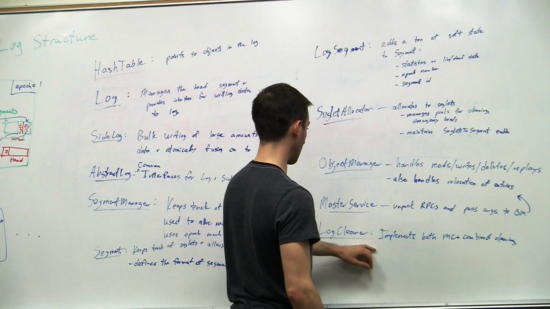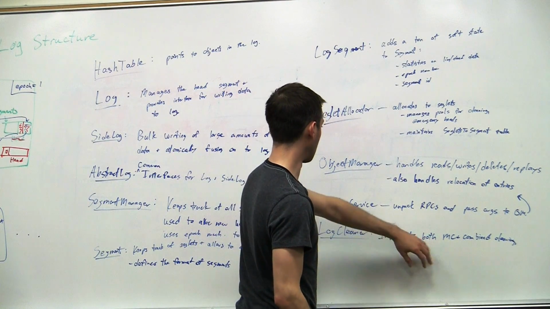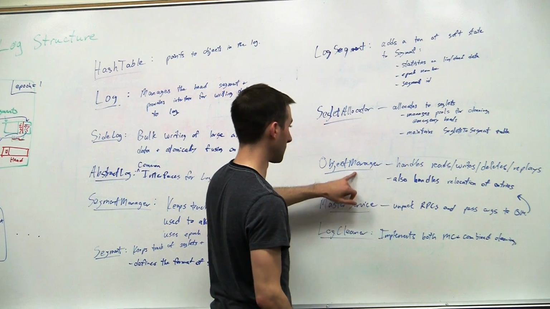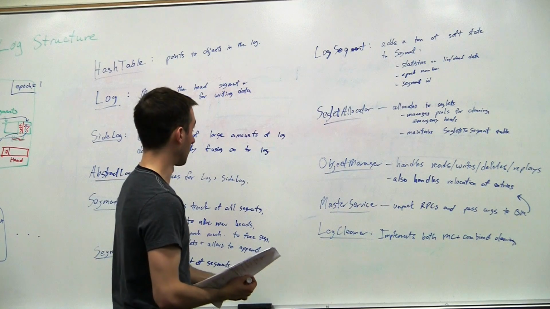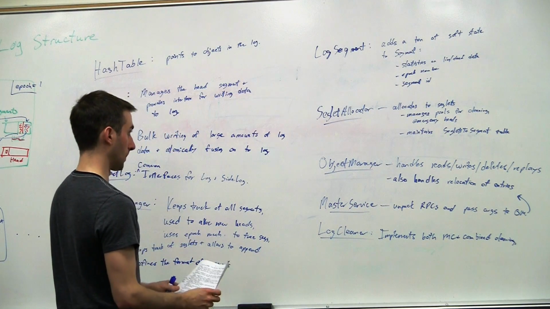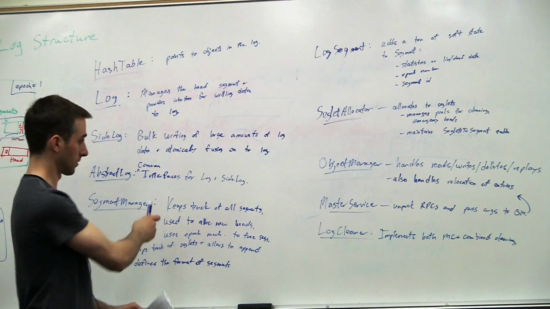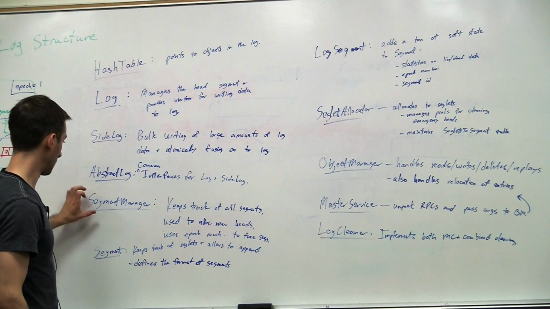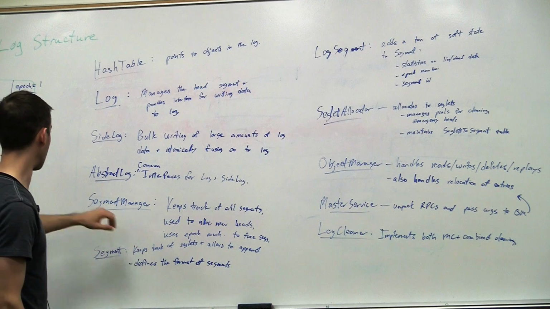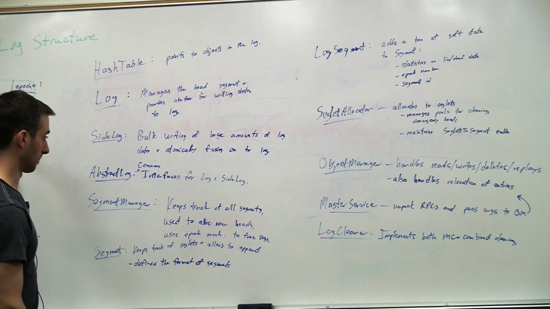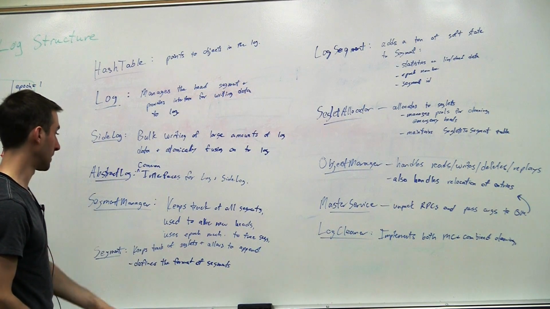It has all the logic that relocates objects by basically calling into ObjectManager for each one. It interacts a lot with SegmentManager, both to allocate survivor segments to write data to, as well as to learn about new segments that have been recently added to the log that it can clean.